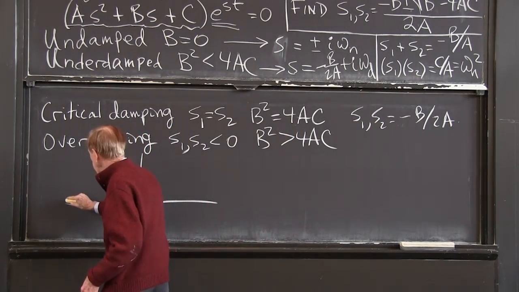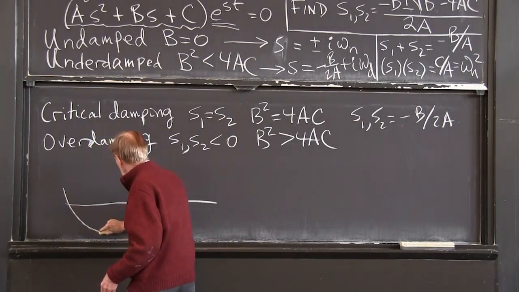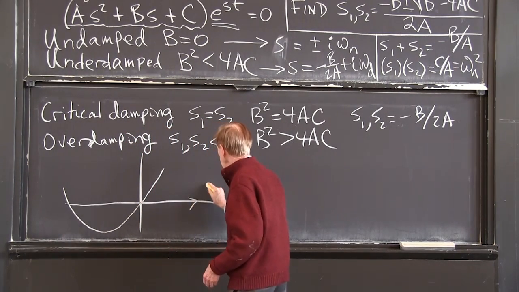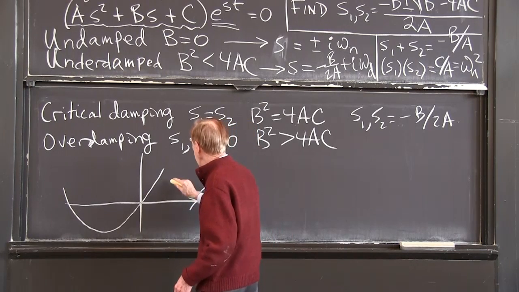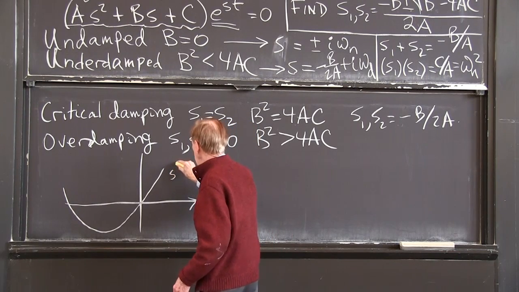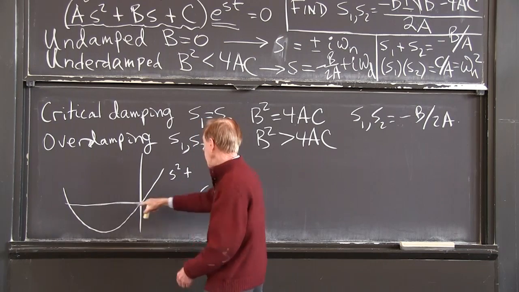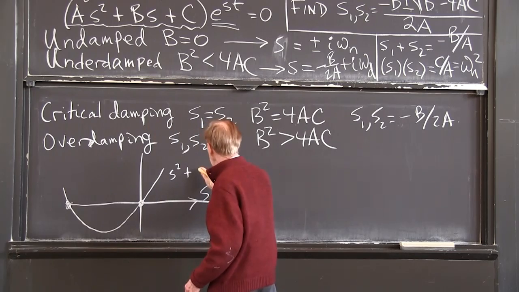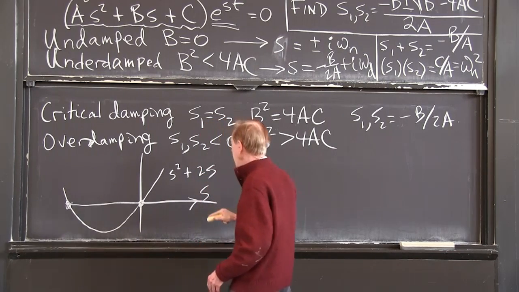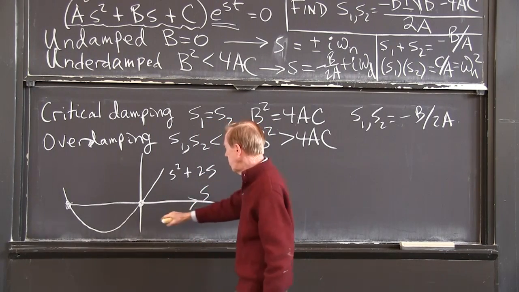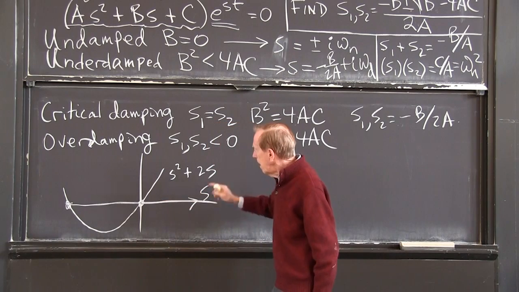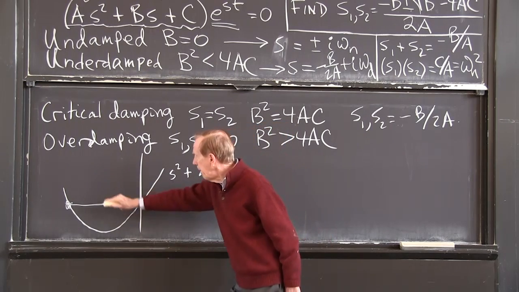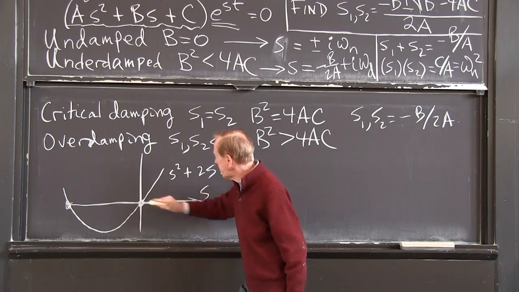B is pretty large, and this direction is S, and I'm graphing here S squared plus, well, let me see, probably plus 2S, and now I'm going to choose plus 0 to get that one. So this has a root at, this is overdamping.